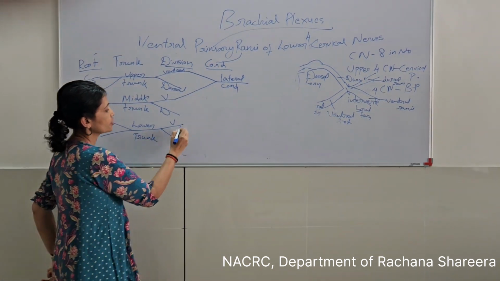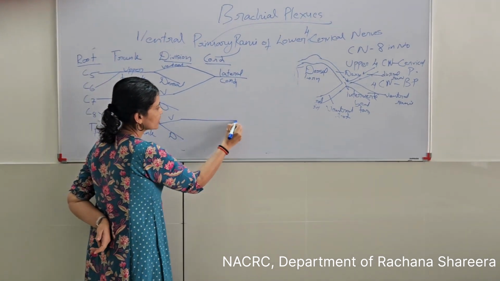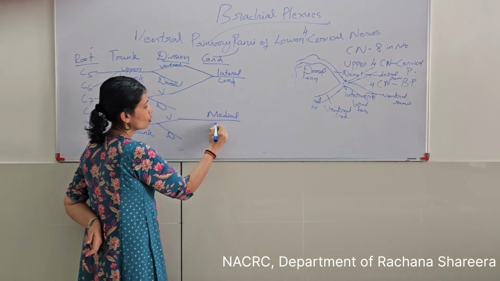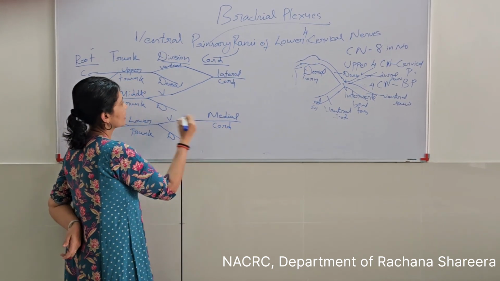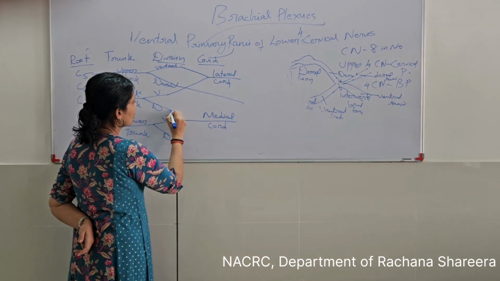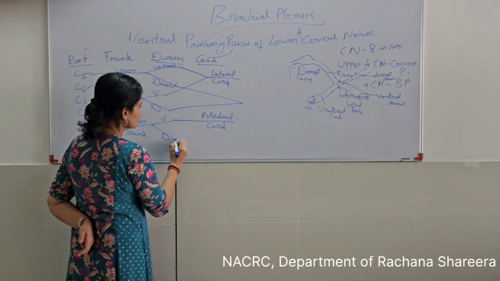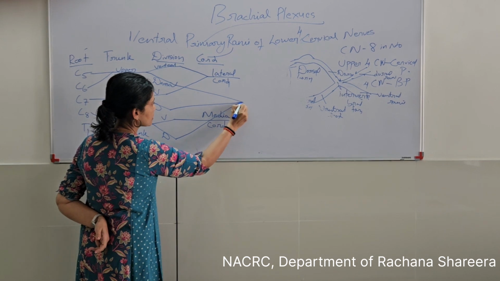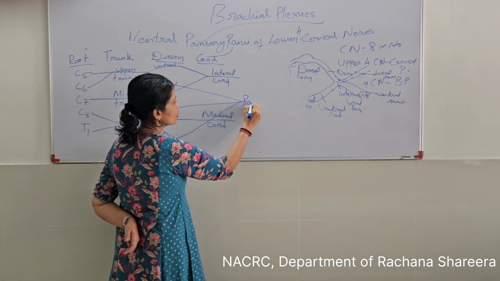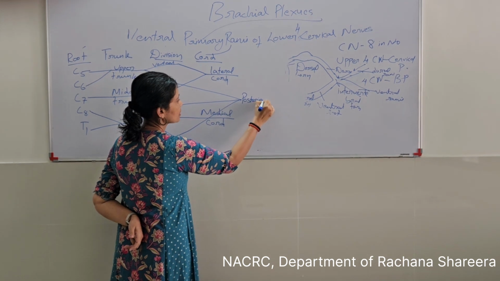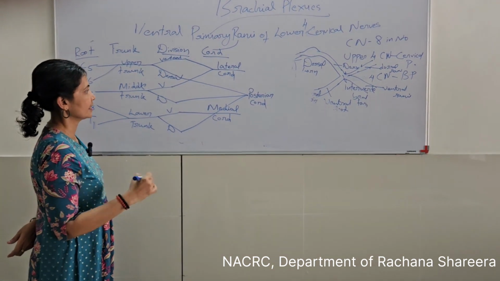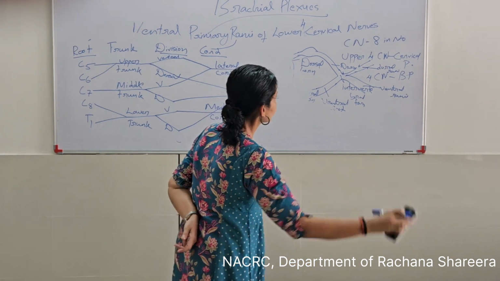Now ventral division of lower trunk forms the medial cord, and dorsal divisions of all the three trunks unite to form the posterior cord. Okay, next, branches.